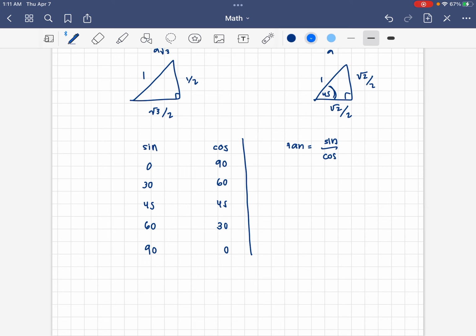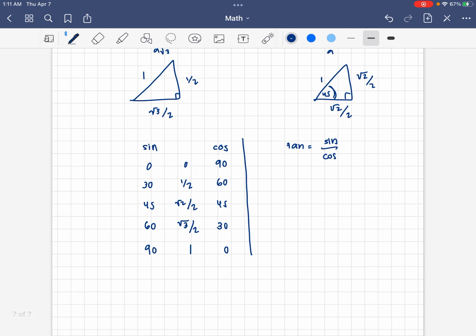So 0 plus 90 is 90. All of these, when you add them, equal 90. And then the values in the middle, I just remember them, but we'll apply these later.